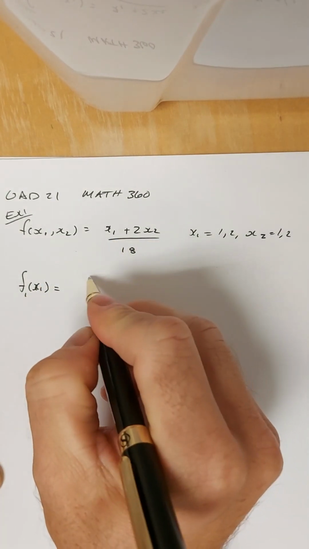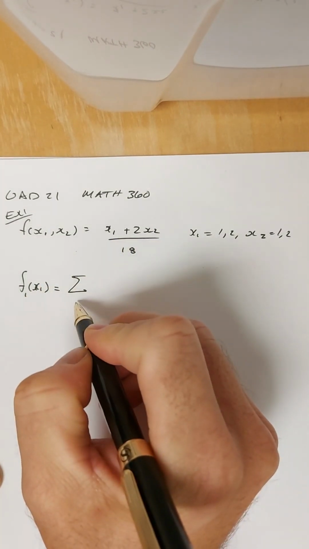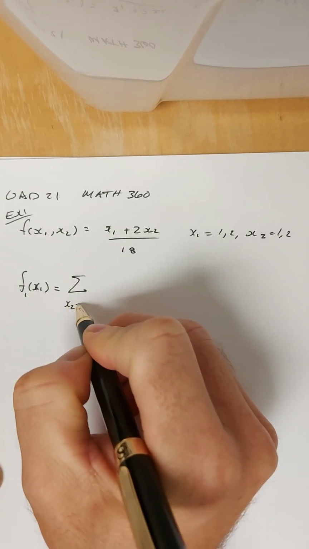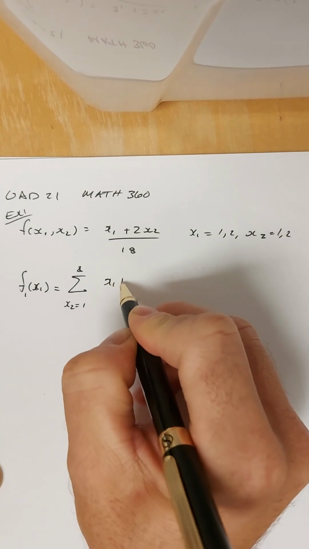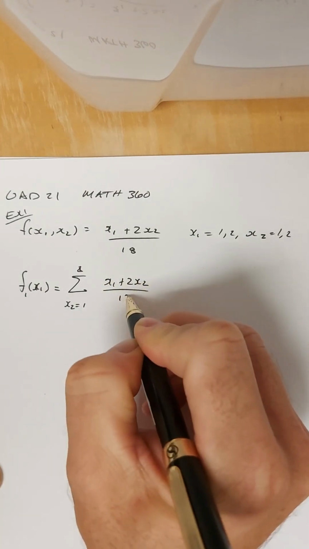f1 of x1, and that is going to be equal to, let's see, we're going to sum over x2 here, so it's going to be all the values of x2, and we have our PMF in here.